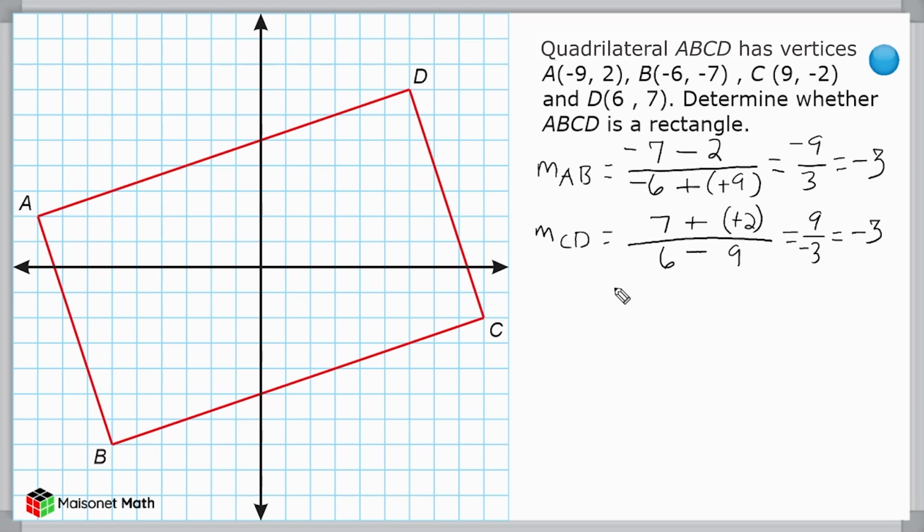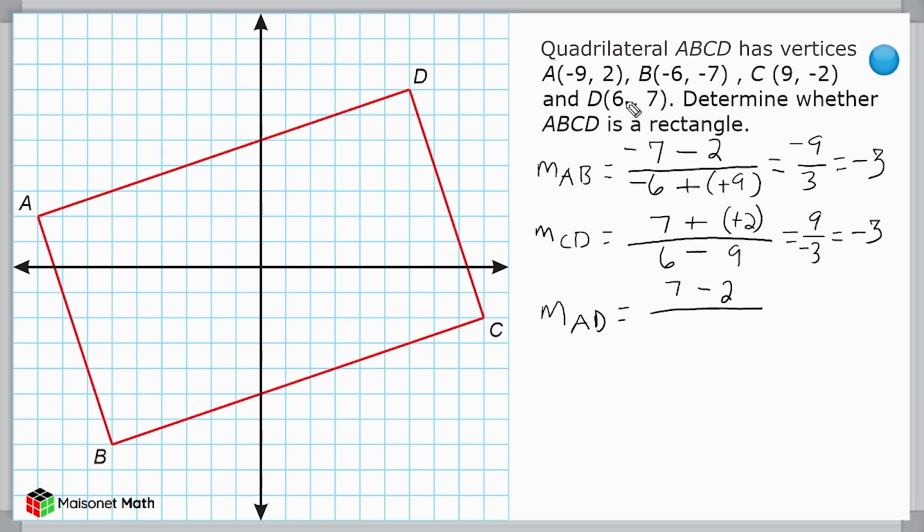All right, now what we have to do is find the slope of these longer sides here and see if they are opposite reciprocals of these numbers. So let's start with the slope of line segment AD. Looking at points A and D, we're going to subtract their y values, 7 and 2. So we have 7 minus 2.